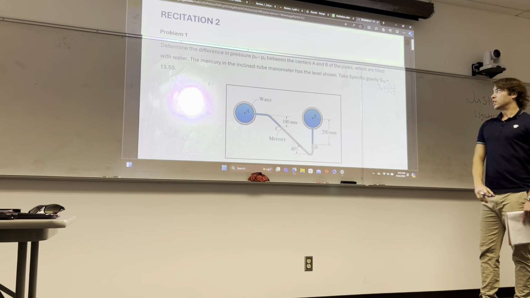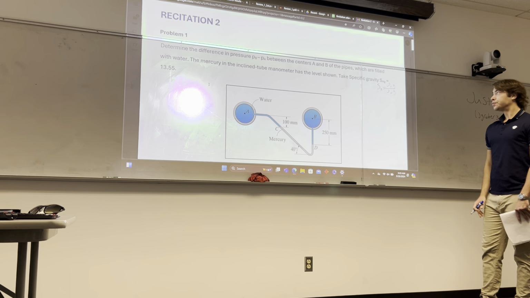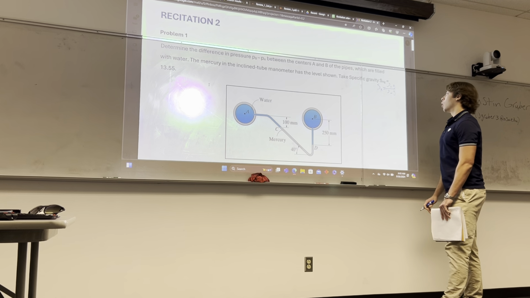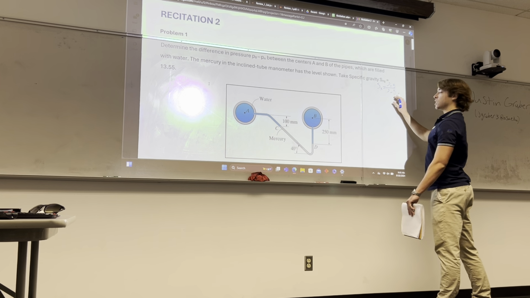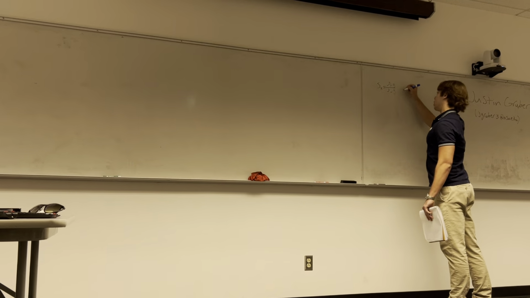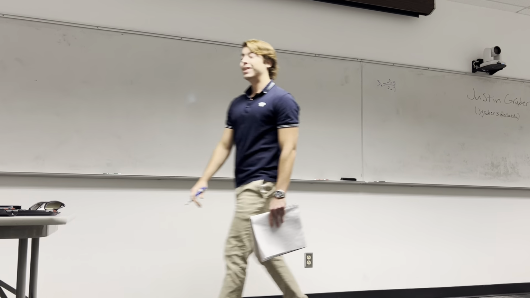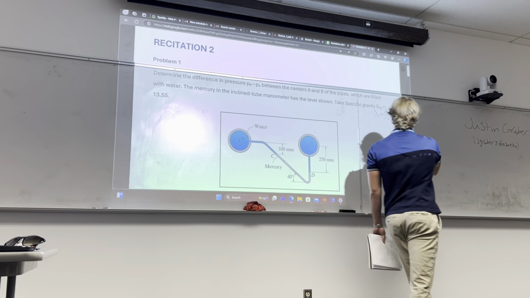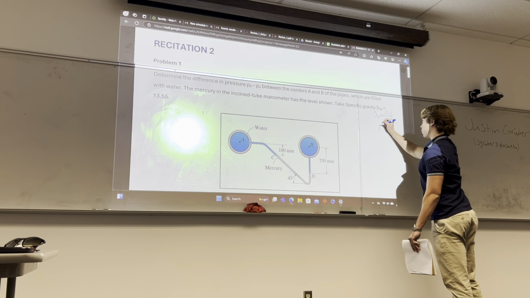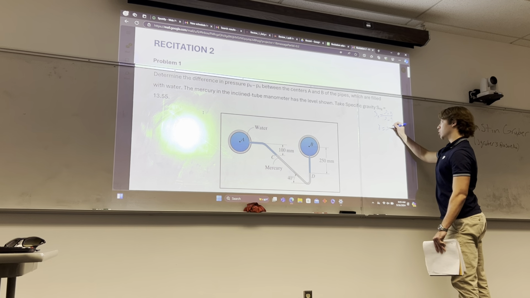And this reference density, we always like using water because we always know the density of water. So in this case, we're going to use this to find gamma, your specific weight, which is equal to rho times G.